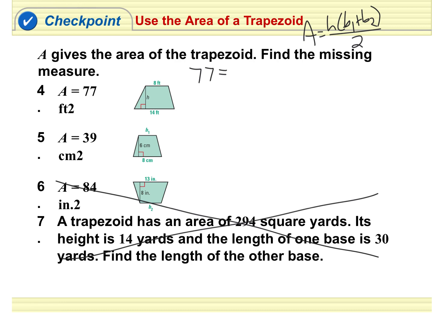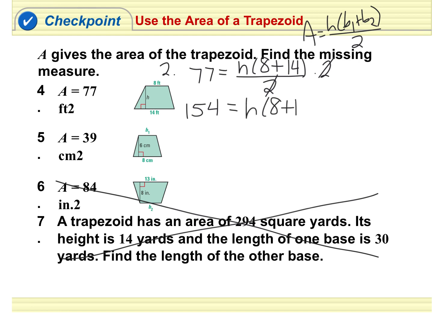Do we know H? Nope. Do we know the bases? What are they? Good. And then what do I have to remember? Yep. What is my first step? Get rid of that fraction. Multiply by 2. So I get 154 equals, what do I have left on the right side? The whole top part, h times 8 plus 14.